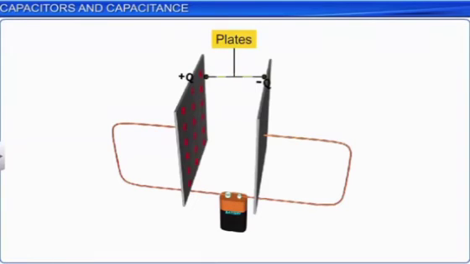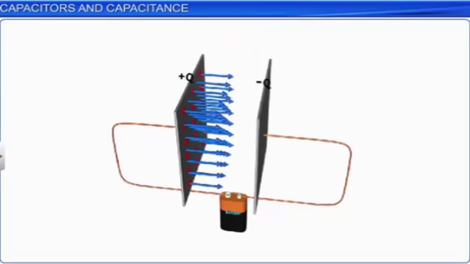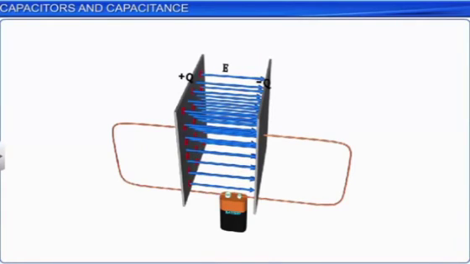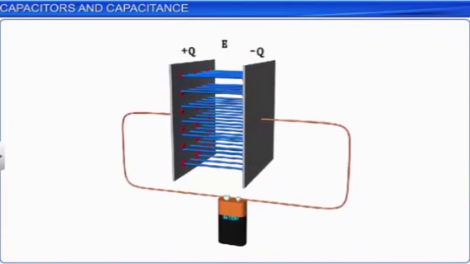And because the plates are charged, an electric field of strength E exists between the plates. The potential due to the plate having excess positive charge plus Q on it is V1. The potential due to the plate having excess negative charge minus Q on it is V2.